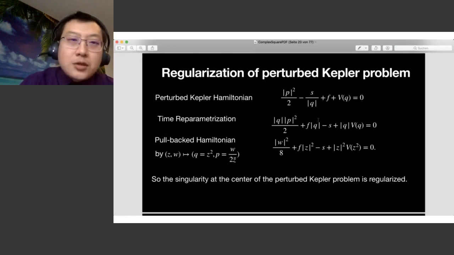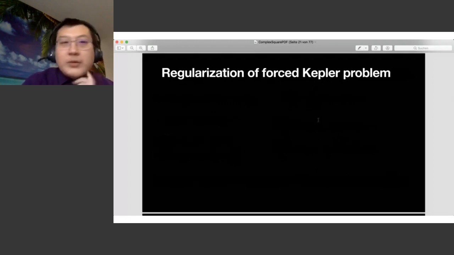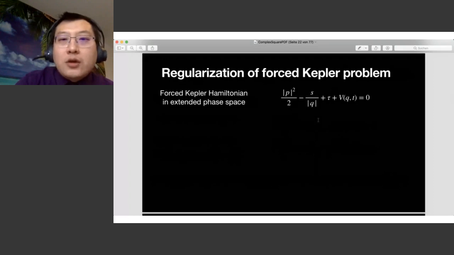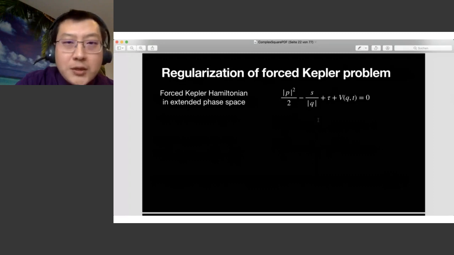Then one might see that this type of regularization also extends to the forced Kepler problem, meaning that we may also allow the potential which perturbs the Kepler potential to depend on the time t.